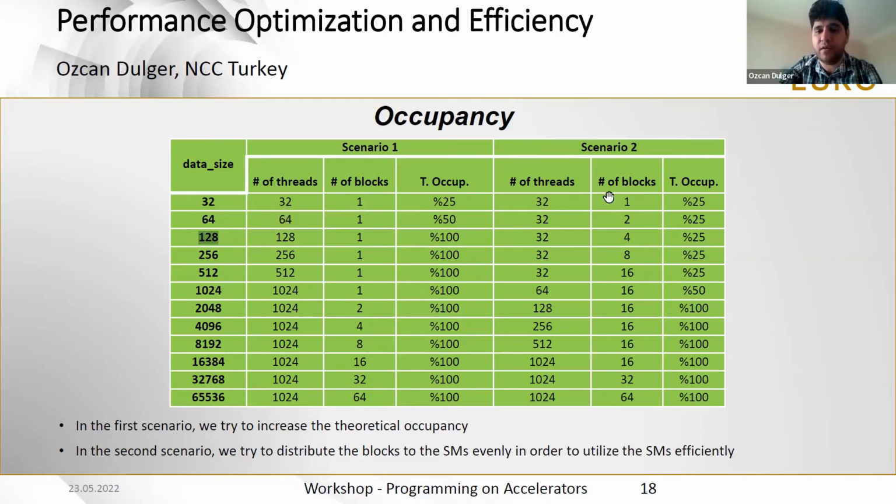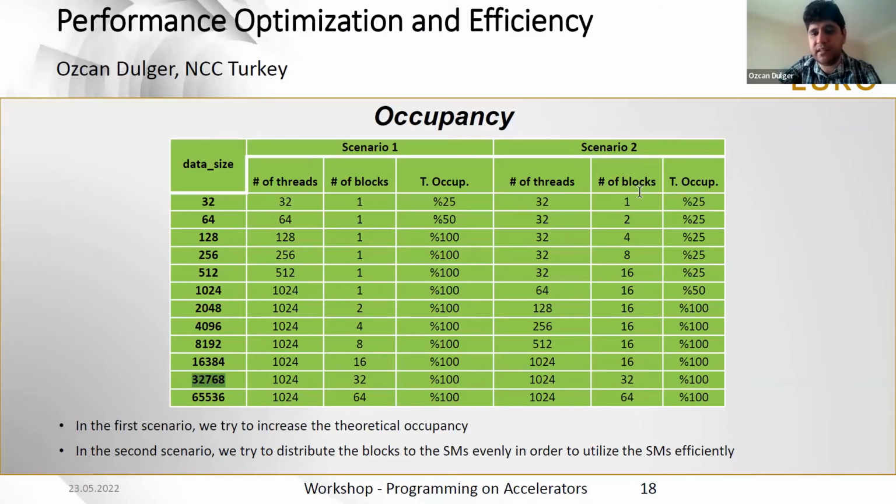For the second scenario here, we set the number of threads to 32 until the data size is 2^10. Then we double the number of threads as the data size doubles until the data size is 2^15, and we fix the number of threads to 1024 because of the limitation.